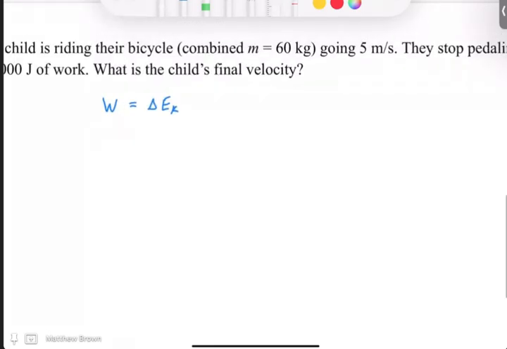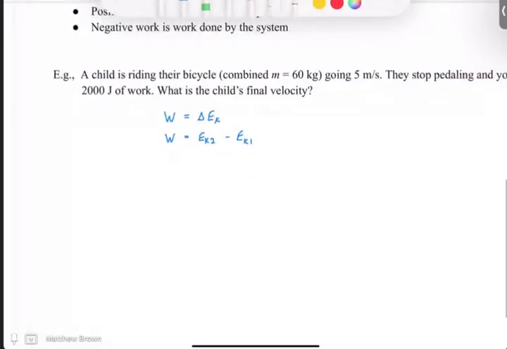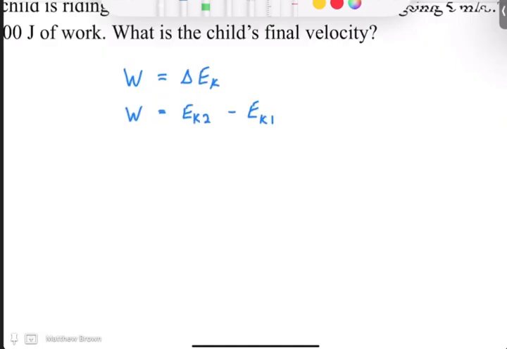So we can also write that as work equals delta EK, which is just EK2 minus EK1. We know that initially the child is going 5 meters per second and the combined mass is 60, so we can figure out EK1. And we know that we did 2,000 joules of work in pushing this child to go faster. So we can just put all that right into the equation.